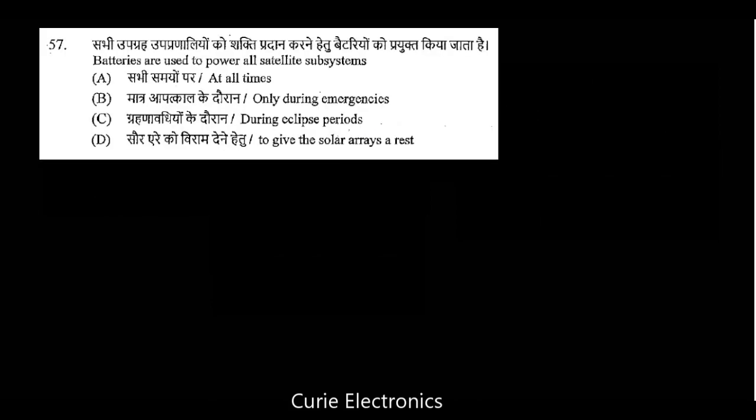Batteries are used to power all satellite subsystems. When sunlight is available, the solar panels directly power the system, but when sunlight is not available, it switches to the battery system, during eclipse periods.